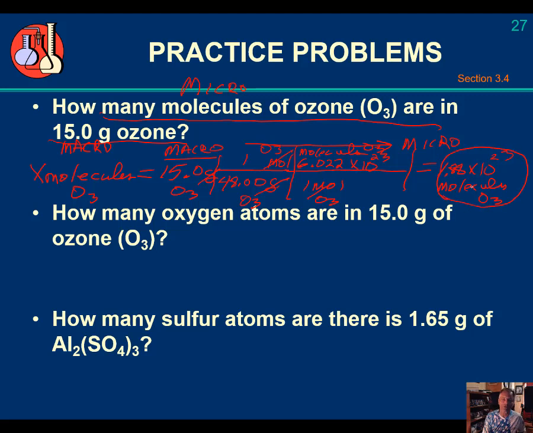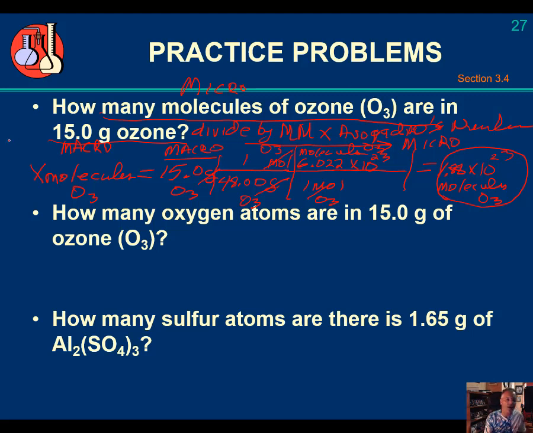So molecules is microscopic. So here's how that process works. If you're given grams, divide by the molar mass, and we use M for molar mass, and then all you have to do is multiply times Avogadro's number. Okay, 6.022 times 10 to the 23rd. So that's going from grams to molecules.